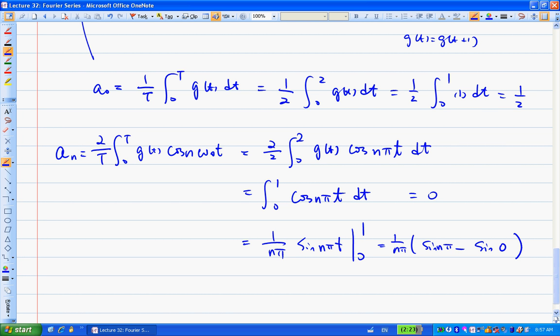Sine 0 is always 0. Remember n is an integer from 1 to infinity, so sine pi, sine 2 pi, sine 3 pi is always 0.